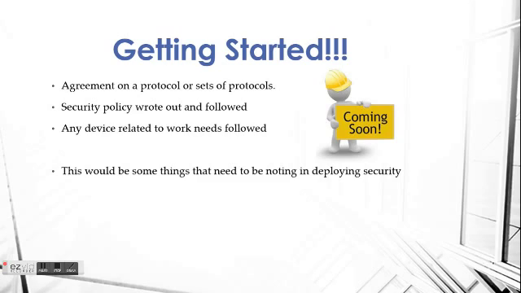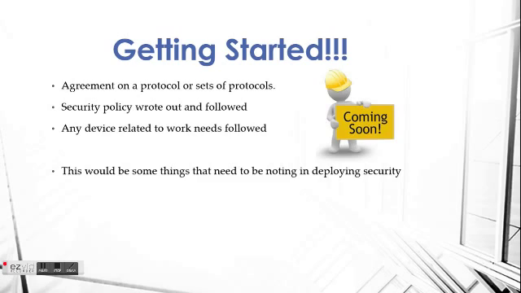But first off, getting started, you first need to write up a security protocol, or just security policy. The policy is going to entail everything that I'm about to go over, and you need to agree on how that is going to be implemented.